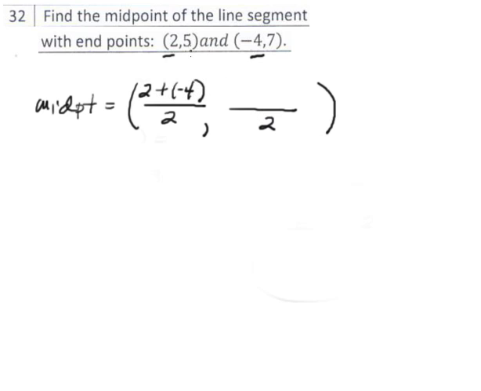And then in the second coordinate, we'll add these y values: 5 plus 7. So that comes out to minus 2 over 2, which is minus 1, and 12 over 2, that's 6. Okay, so the midpoint is minus 1, 6.